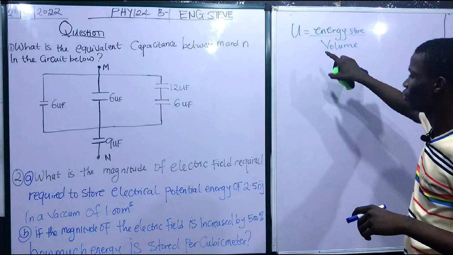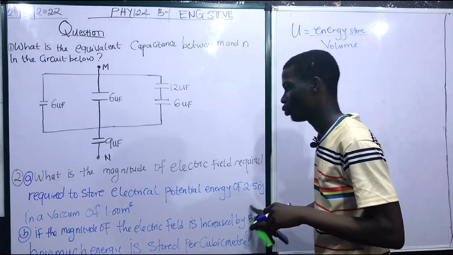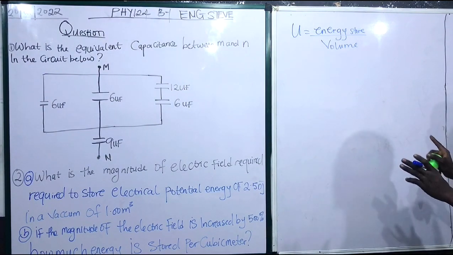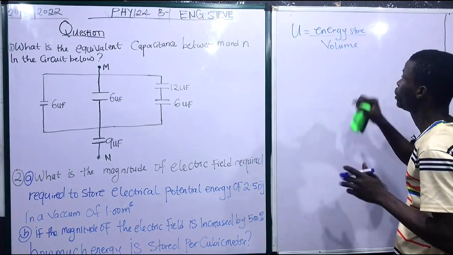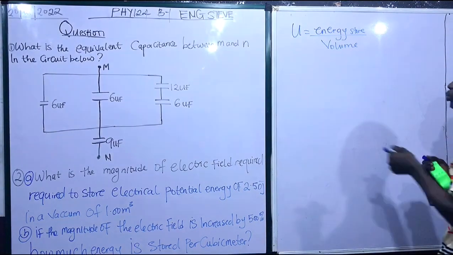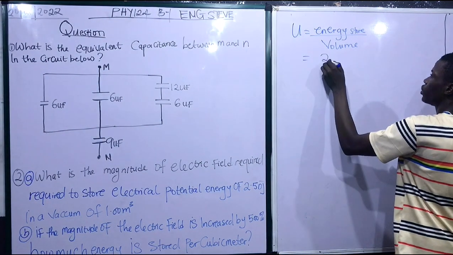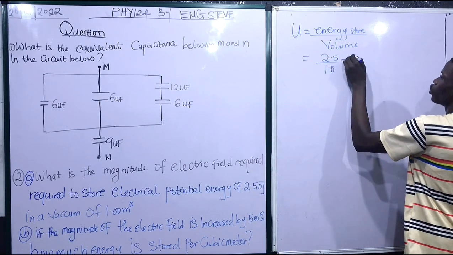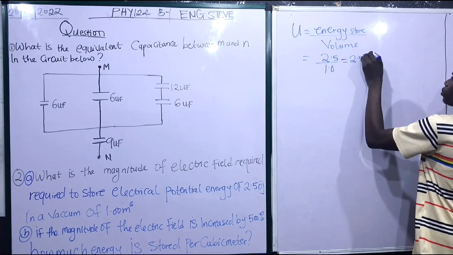So first of all, what simply comes to your mind is the energy density. If we were to solve this, it will give us 2.5 divided by 1.0, which is equal to 2.5 joules per meter cube.